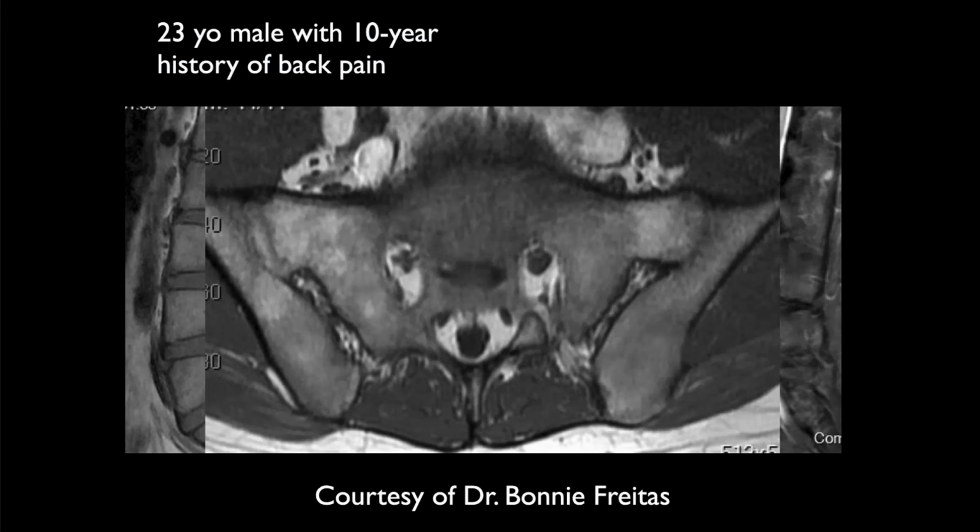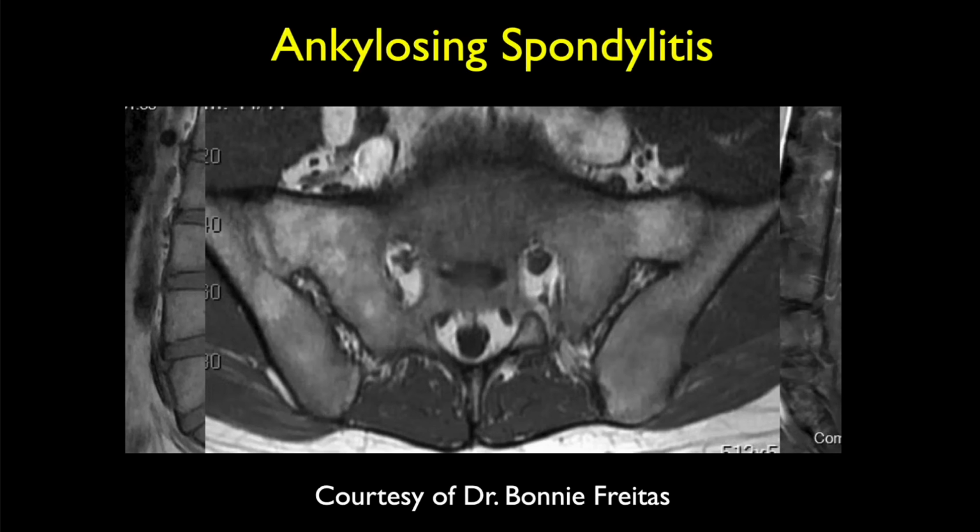And what do you see with the SI joints? Here it looks like there's fusion of the superior SI joints already. So again, we're a little too late on this one. And the joint looks like it's fusing. Yeah, it's fused, right?